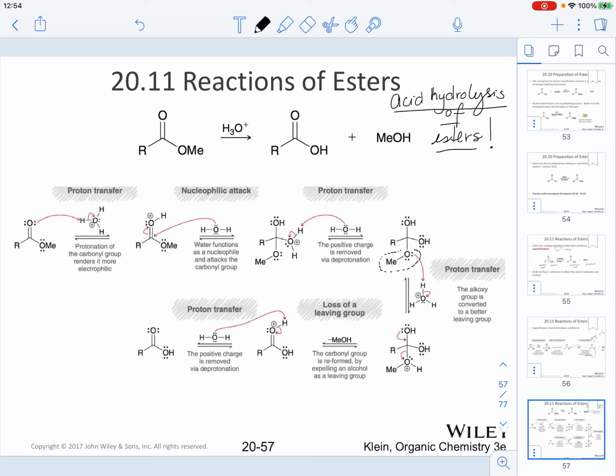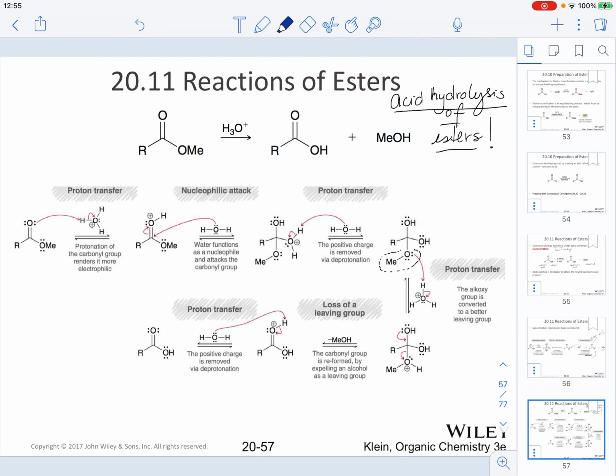Now, when the lone pair of electrons from the oxygen comes down to reform that C double bond O, understand that then the alcohol leaves as a leaving group, and the last step of the reaction, we're going to deprotonate specifically the carboxylic acid that was formed when the alcohol was formed.